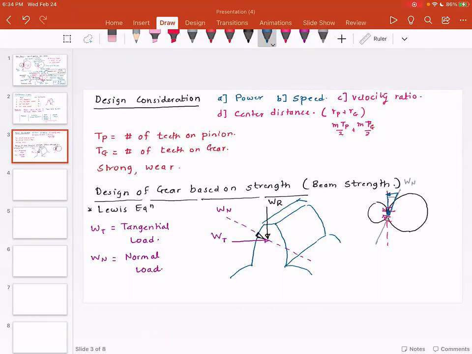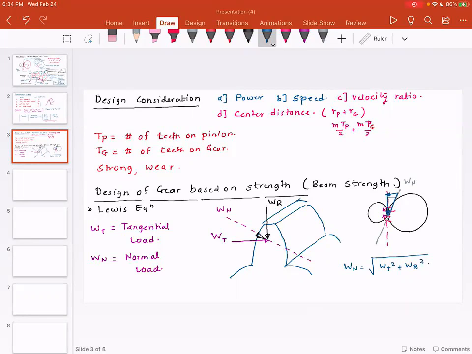So Wn is equal to the square root of Wt squared plus Wr squared. Now the next question is, how do we find these values? First and foremost, Wn is the force that is transmitted from the pinion to the gear, or from the driving gear to the driven gear.